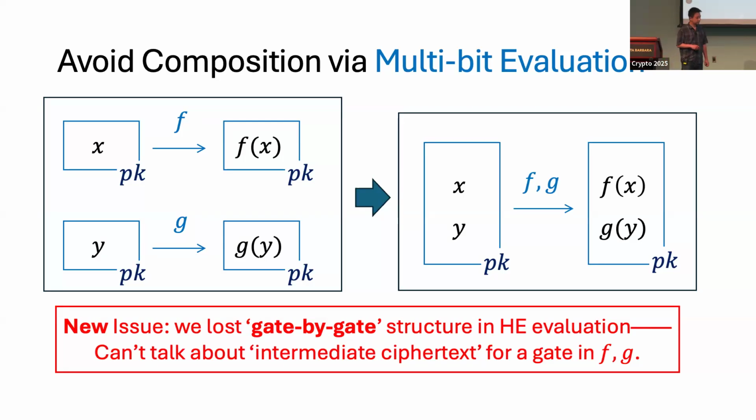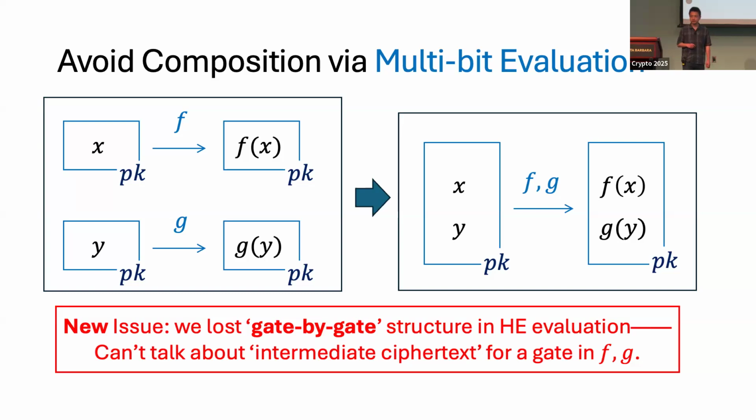However, now the definition of homomorphic evaluation is inherently one-shot. So in this definition, we cannot talk about the intermediate ciphertext for each gate in the circuit f and g.